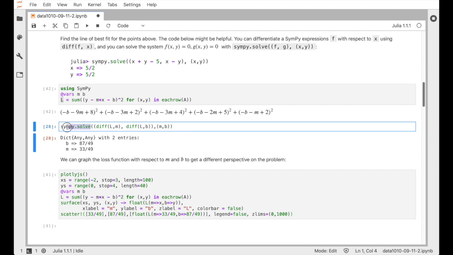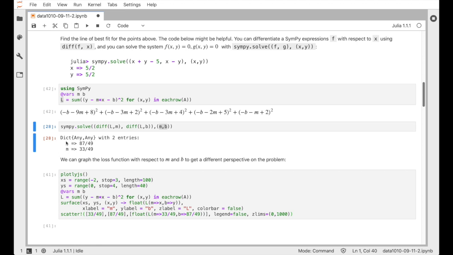And the sympy.solve function, just to simplify our lives a little bit, requires us to just put the left-hand side, and the right-hand side of 0 is assumed. And then we put the variables that we want to solve for here, and we just run this line of code, and we get a dictionary back which tells us the variable m should be 33 over 49, and the variable b should be 87 over 49 if the point (m, b) is a critical point.